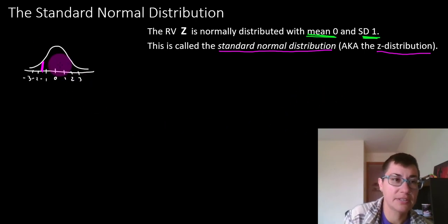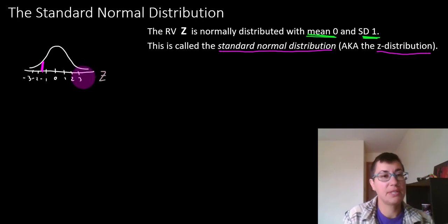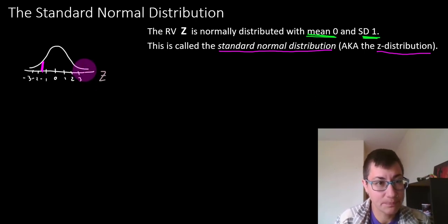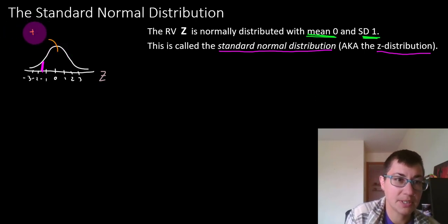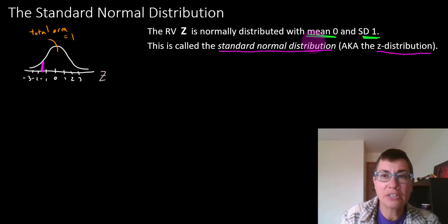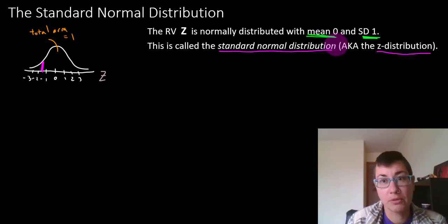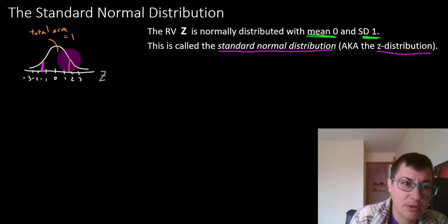This particular distribution is very well understood. We mentioned that the total area is 1 because it's a probability density function. And therefore, under this standardized version of a normal distribution, these areas are well defined and we know them very well.